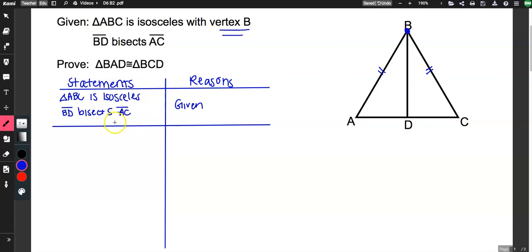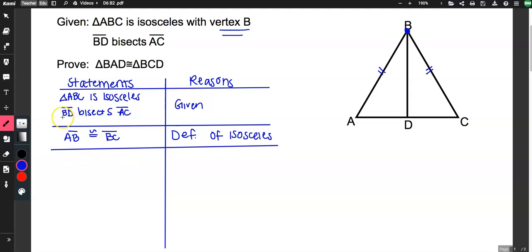So I'm just going to say that next because I feel like that's probably going to be helpful as we're trying to prove these two triangles congruent. So I can say side AB is congruent to side BC. And the reason there, we're just going to say that's the definition of isosceles, abbreviated. We can just leave it nice and simple.